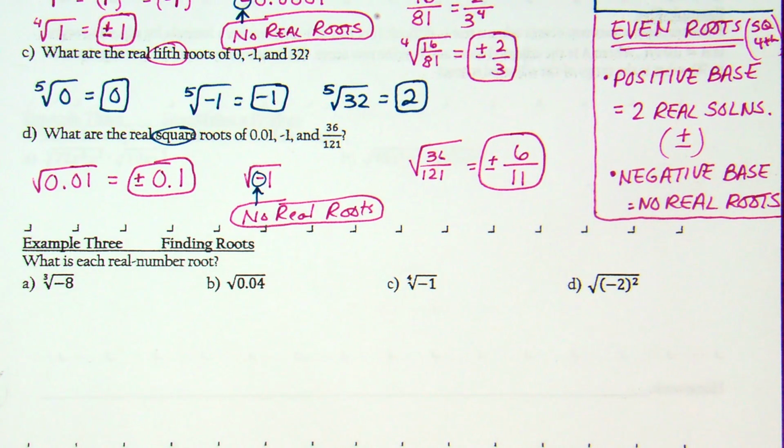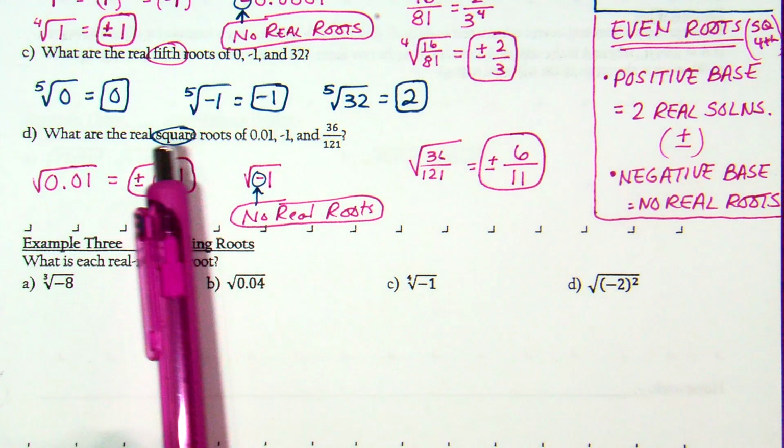You're welcome. Okay, example 3. Notice the directions just say, what is each real number root? Now, as we look at the difference, basically we're doing the same thing we talked about yesterday, but there is one slight difference that I really need to mention. The difference is made because on the problems we did yesterday, it just said what are all the blank roots, and it gave me a list of numbers, and we gave answers.